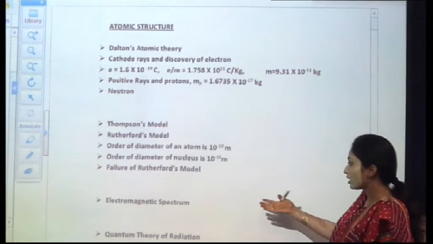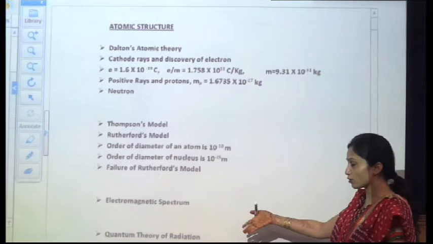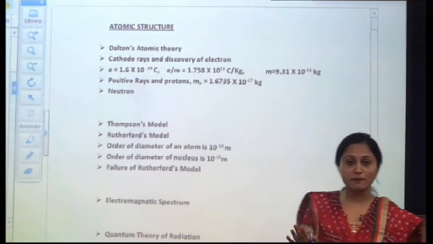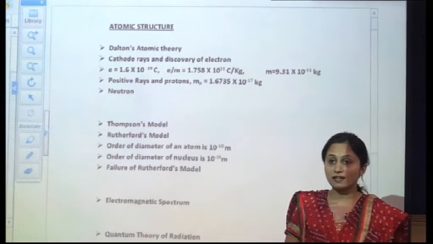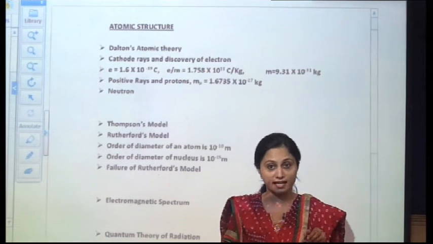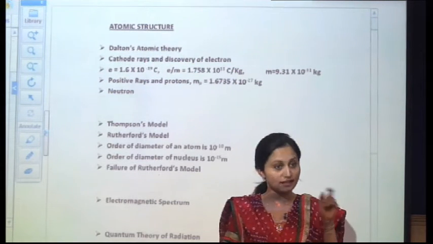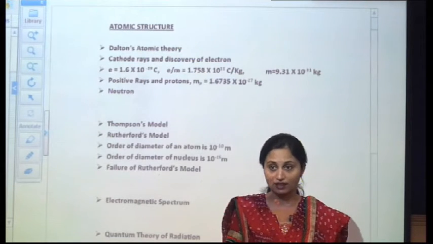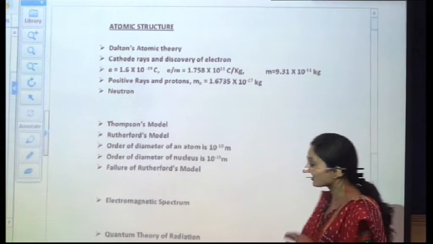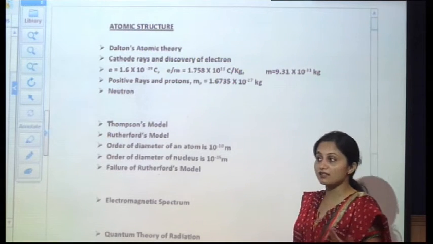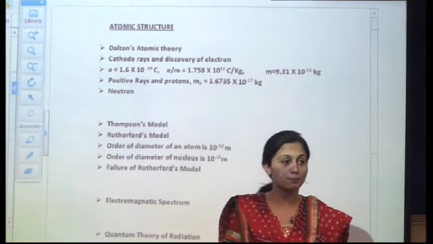After that we talked about the electromagnetic spectrum and we studied what is spectroscopy. There is another branch of science that I introduced at this stage. What is spectroscopy? It is the branch of science where you have the interaction of electromagnetic radiation with matter. Generally, whenever there is an interaction, there is a change in the dipole moment.